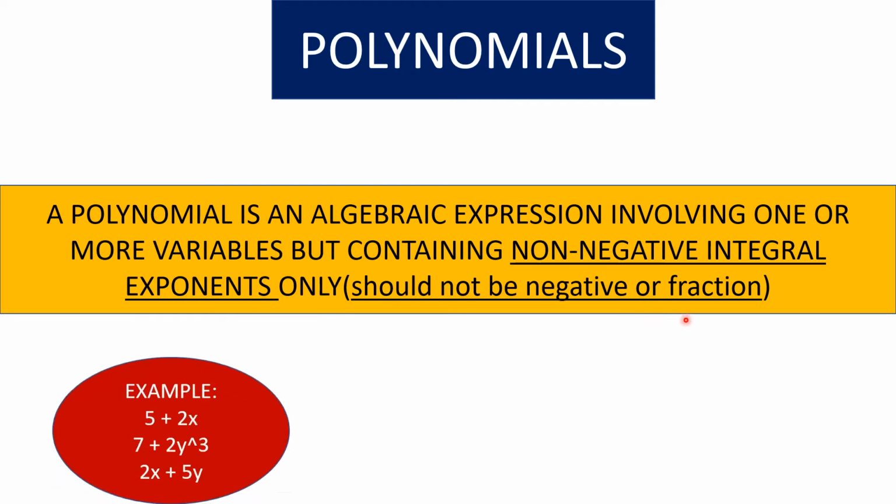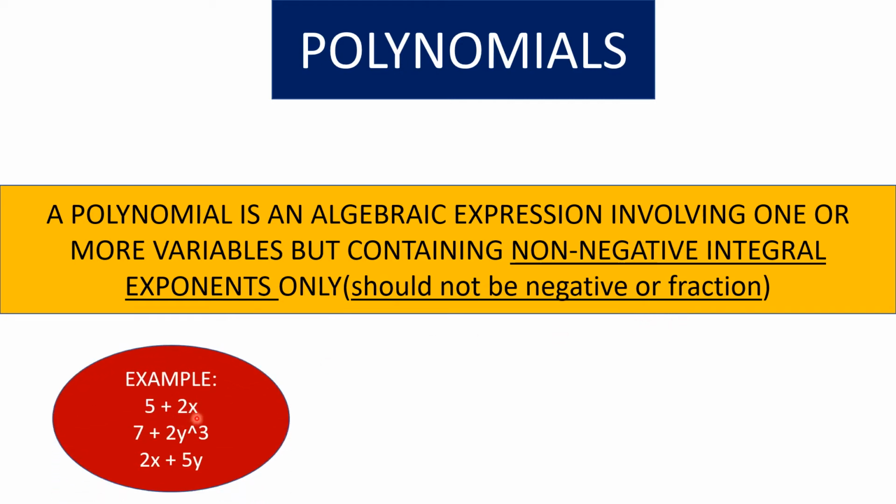Let me show you an example. 5 plus 2x. Here the power of x is 1. So it is a polynomial. It is not negative or fraction. 7 plus 2y cube. The power of y is 3. So it is positive. Here 2x power 1. So x power 1 is positive. y power 1 is also positive. So all the three are the examples of a polynomial.